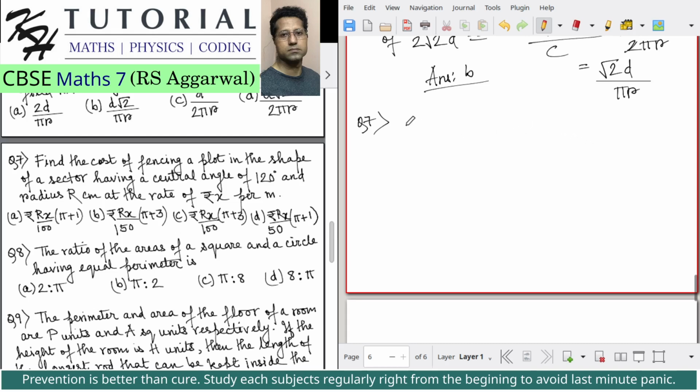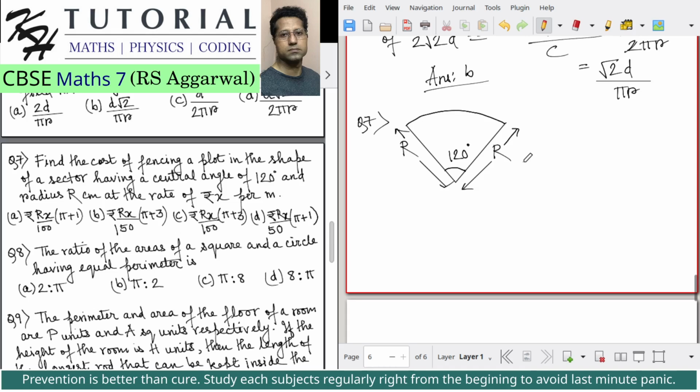So we have a sector like this. The radius of the sector is given to be R, and the central angle is 120 degrees.